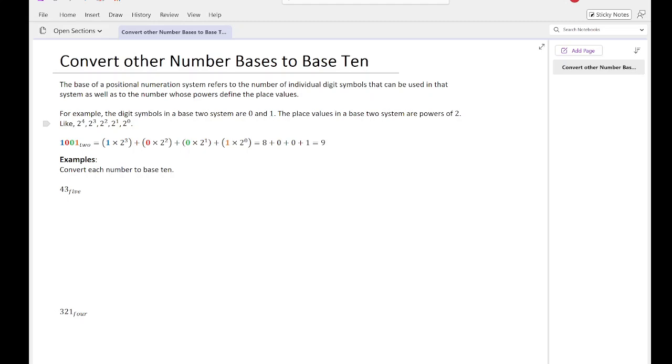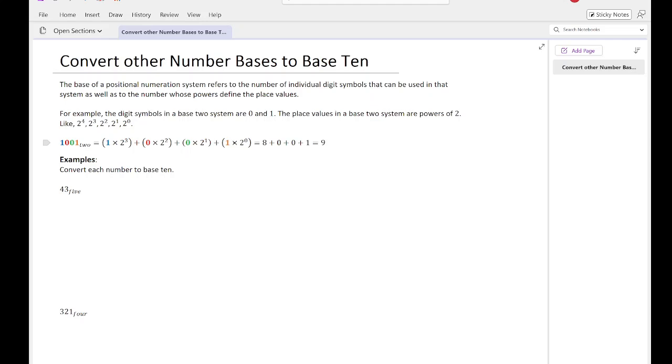So if we take the number 1001 in base 2, we take each individual number, the 1 here, the 0 here, 0 here, and this 1 here, and we multiply each by 2 to a power.